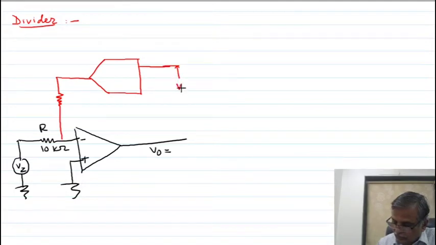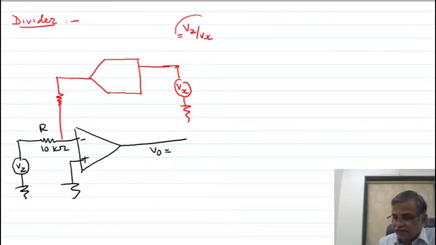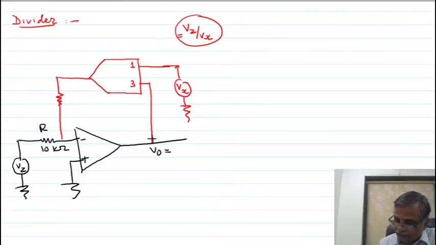This is your Vx signal. I want to divide Vz by Vx. This is your pin number 1. This is your pin number 3, I am connecting to the output of the op amp.